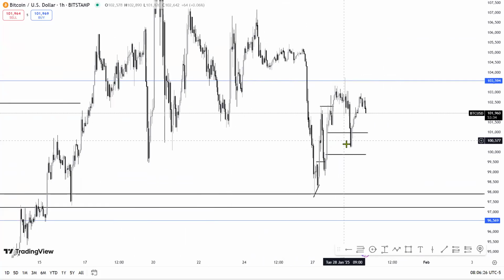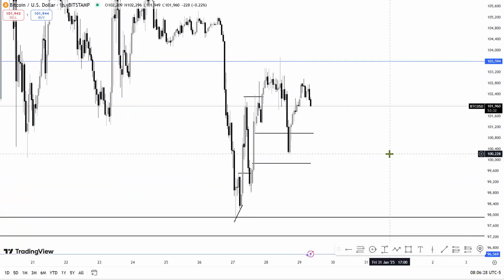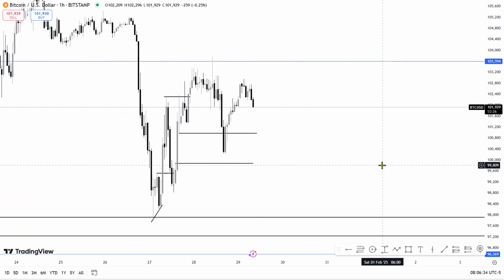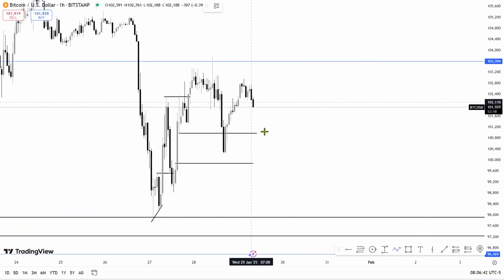Okay, so you want it to retest 99. This level, what exactly are you looking for at 99? I was looking at 4 hours, like rejection.